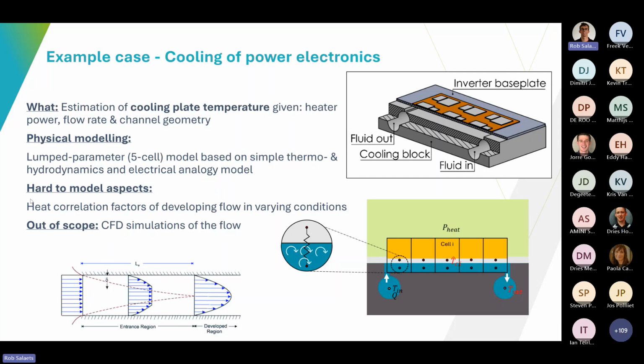And what happens really on the microscopic level is a bit out of scope. For a model that is to be used in control, we cannot do computational fluid dynamic simulations. So we need to approximate it, and therefore a 5-point lumped parameter model is constructed.